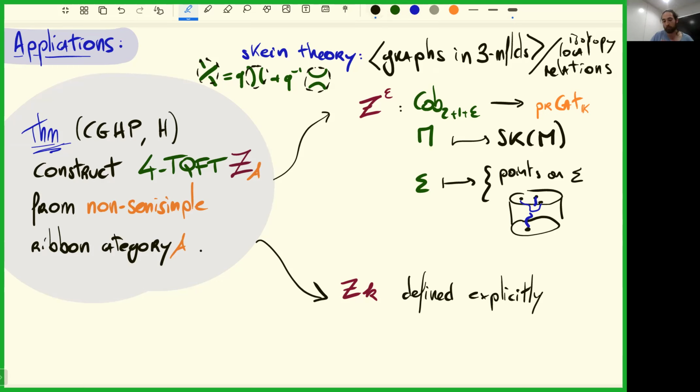So in the end, what I assign to a surface is actually a category, which we call the skein category, that remembers how points can end on the surface and how graphs or skeins can evolve in a thickened surface, this is sigma across an interval. These two things together really give me a functor out of cobordism dimension 2 and 3.